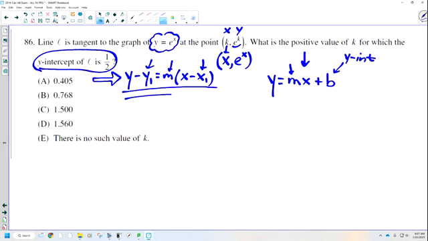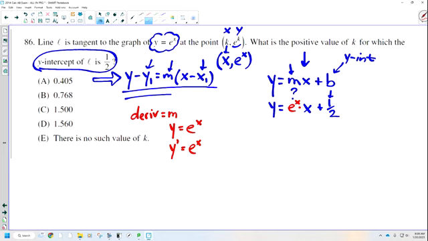Okay? Now, it's easy for us to calculate slope because we know the derivative is slope. Okay? So if y equals e to the x, y prime, the derivative, well, that's still e to the x. So times e to the x. All right, that's good.